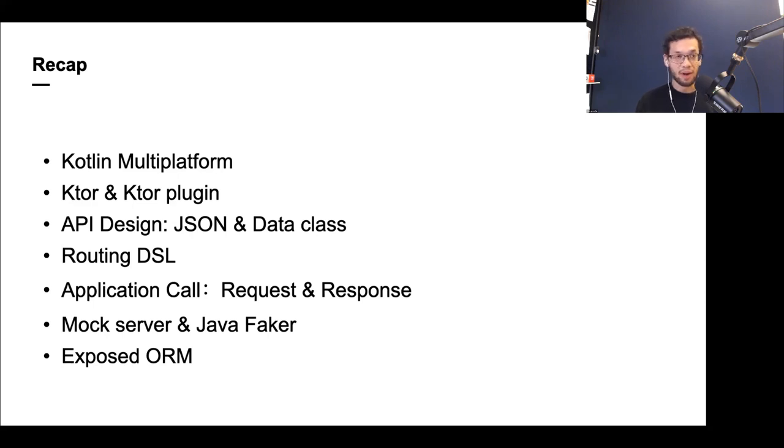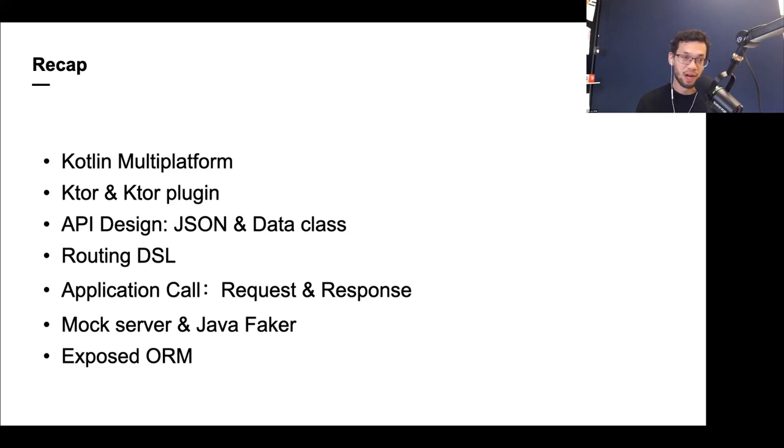Next, we talked about the API design: what the JSON structure looks like and how we reflect the JSON structure in a data class. So we have a DTO, a data transfer object, using a Kotlin data class. We have a product DTO to represent the JSON structure in Kotlin code.